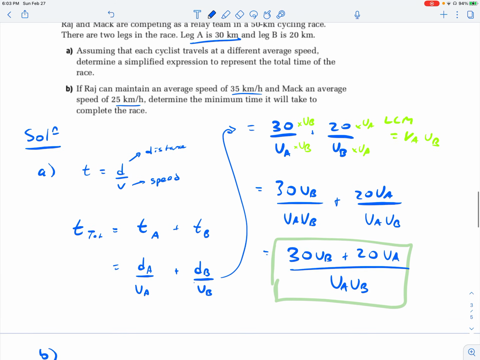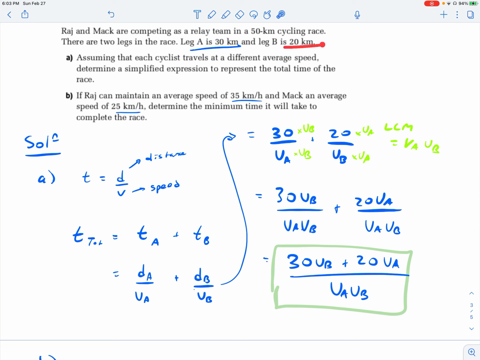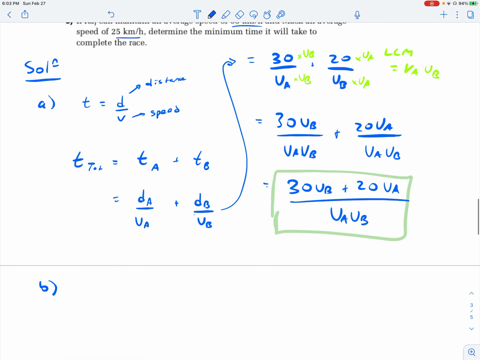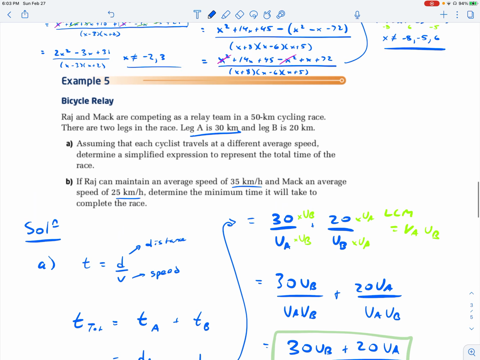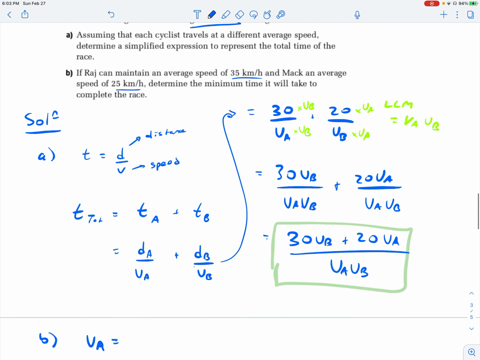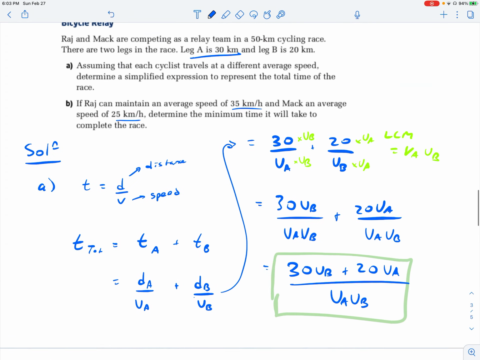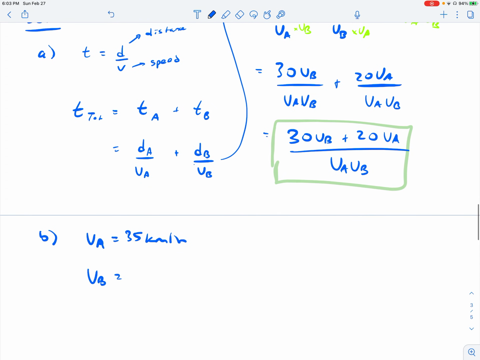Leg B is shorter, so we'll put Matt at 25 kilometers an hour in leg B, and we'll put Raj in leg A. For VA, because it's a greater distance, we'll have the faster one going 35 kilometers an hour. And for B, we'll put the 25 kilometers an hour.